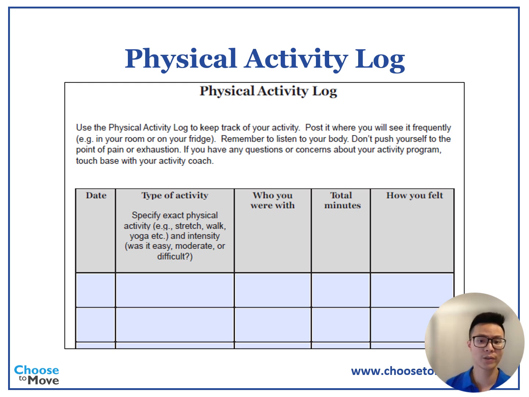Now, one resource that our team has developed that you can use is this physical activity log. Now, self-monitoring tools can be helpful with habit formation, motivation, and general accountability. If you would like to use something like this physical activity log, please reach out to our team or your activity coach in the next group meeting, and we can send you a copy of this log.